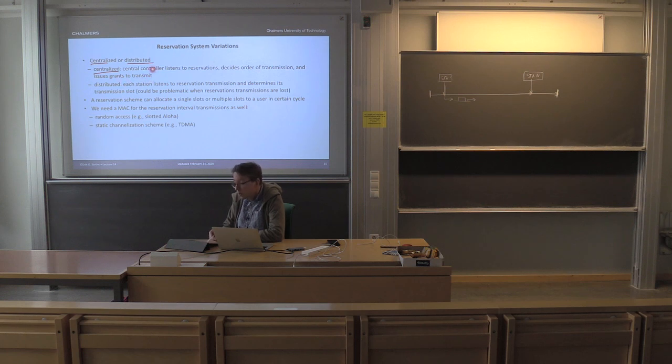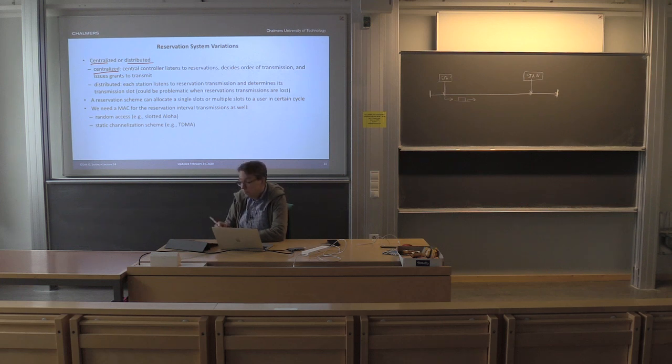This is similar to what is done in an LTE system, a 4G system, where the base station listens to the users in the cell that it is controlling, learns which users have data, and then decides which users can transmit and in which order.